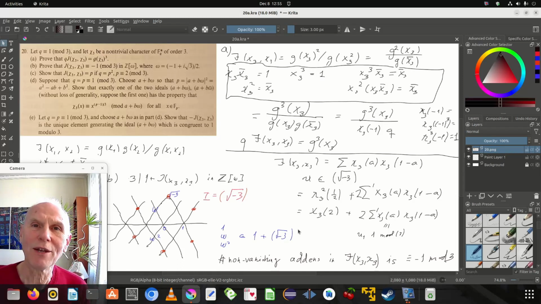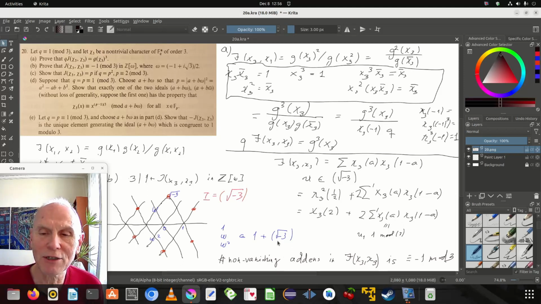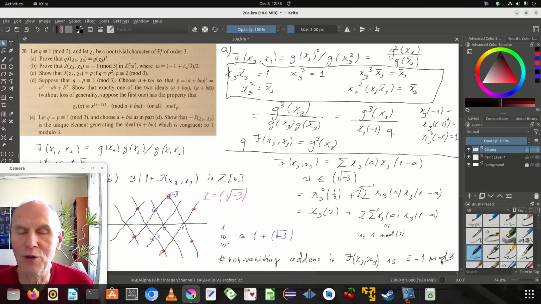But we are not yet quite finished. We have some more solutions being equivalent to minus 1 modulo square root of minus 3 than modulo 3.